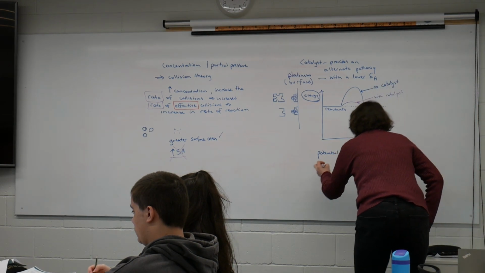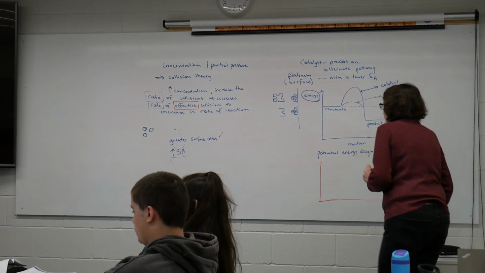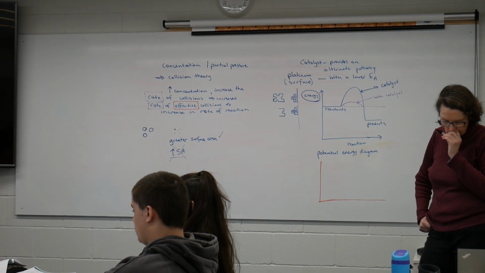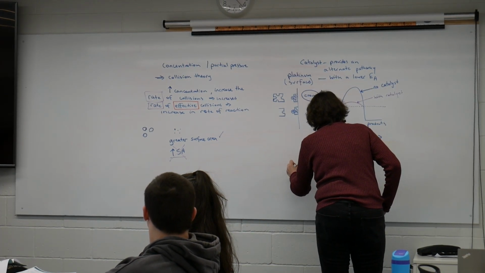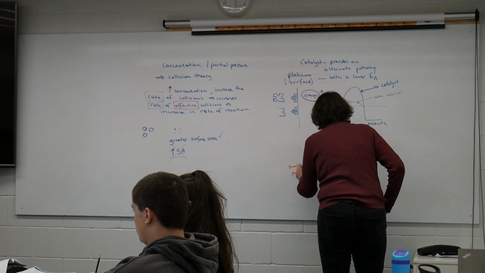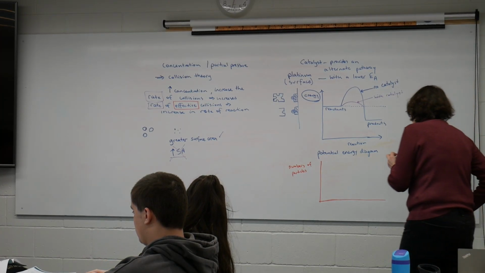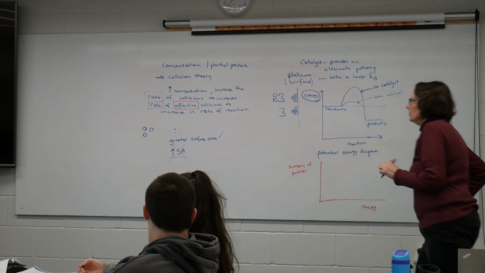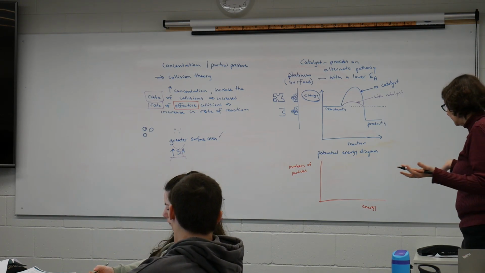If I do our alternate diagram down here, and this is our alternate diagram has numbers of particles. And this time we've got our energy on the x-axis. So what we want to say is, well, how many particles have a certain amount of energy?